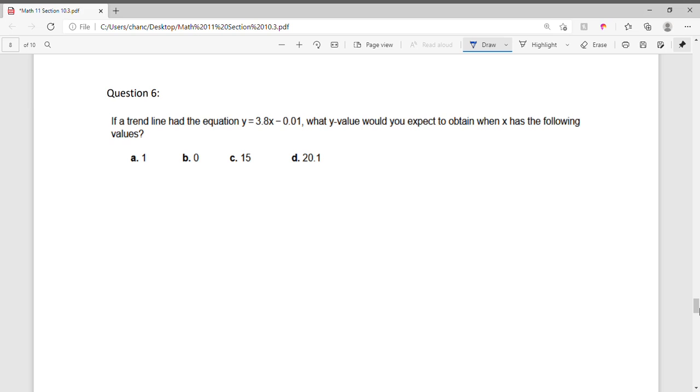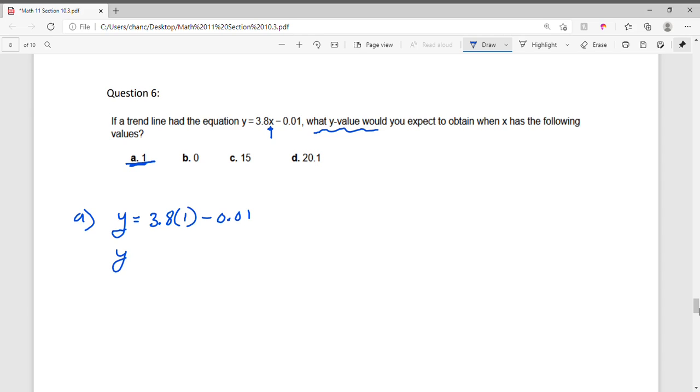Question 6. A trend line has the equation y equals 3.8x minus 0.01. What y value would you expect to obtain when x is the following? Let's try part A. For part A, we want to have an x value that is 1. We have y equals 3.8, and what we're going to do is replace this x with a 1.